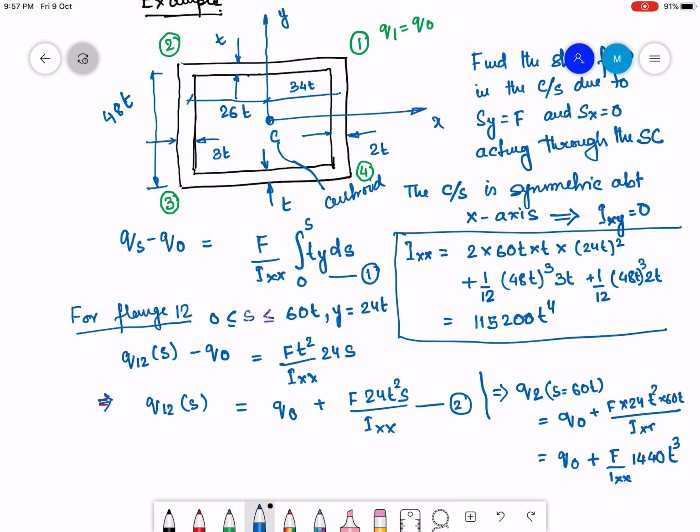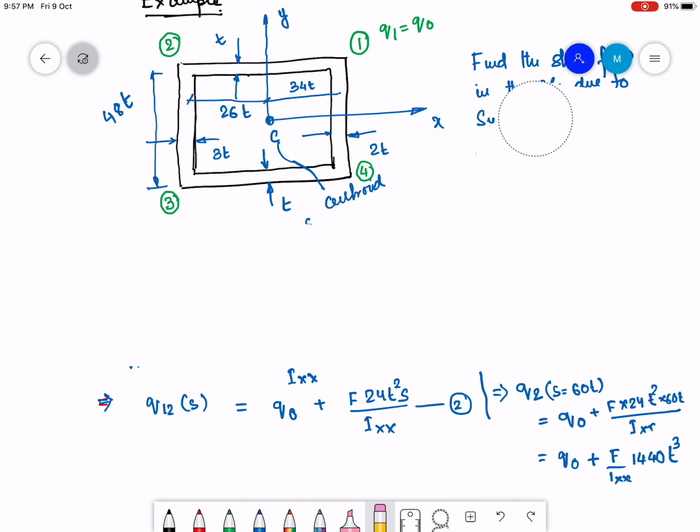Okay, now let me clear the entire canvas, keeping this. Let me carry this here, saying that one thing that I have to carry is qs minus q0 is f by Ixx dy dx.